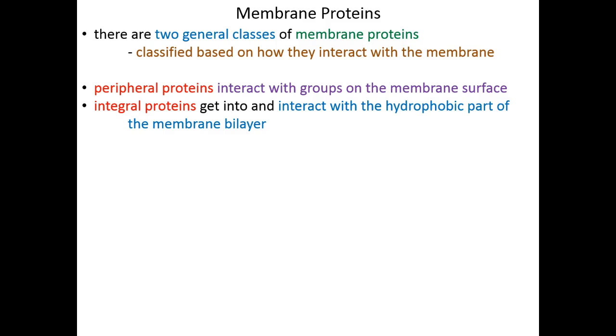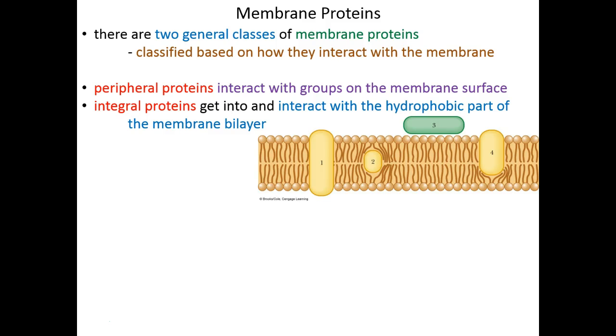The other class of proteins literally embed themselves within the lipid bilayer itself. They are anchored to the membrane through hydrophobic contacts with the hydrophobic tails of the lipids of the membrane themselves. Because these proteins actually integrate themselves or enter the membrane, they're called integral proteins.